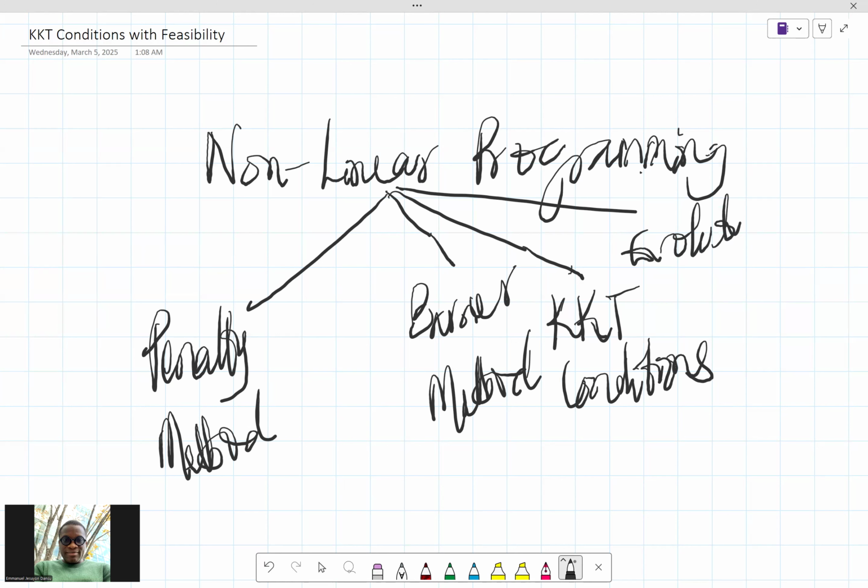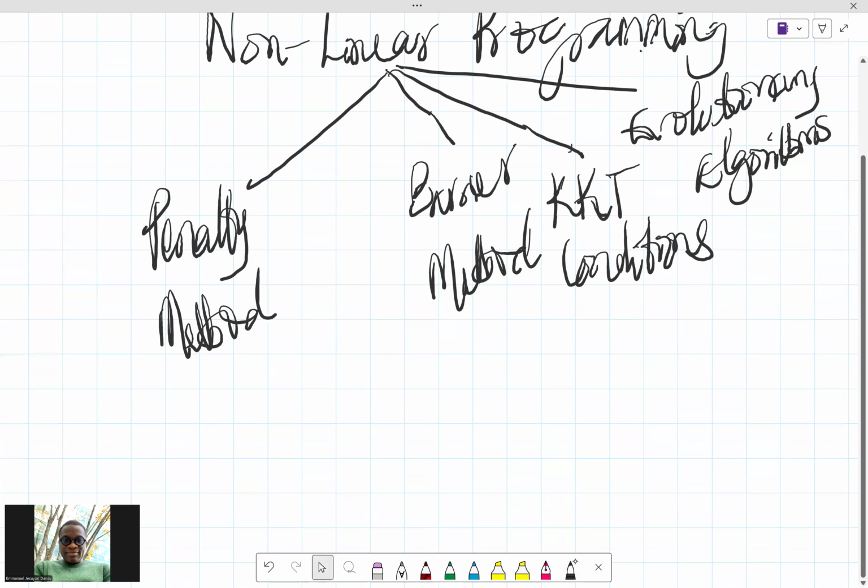I think we'll be looking at five of them: simulated annealing, tabu search, and so on, up to particle swarm optimization. So penalty method done, barrier method done.